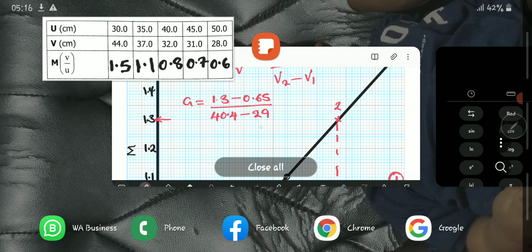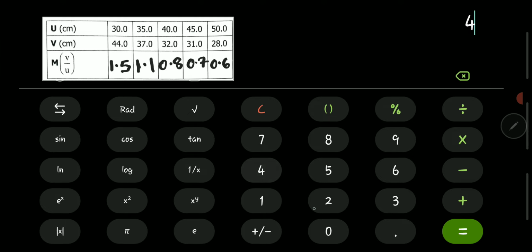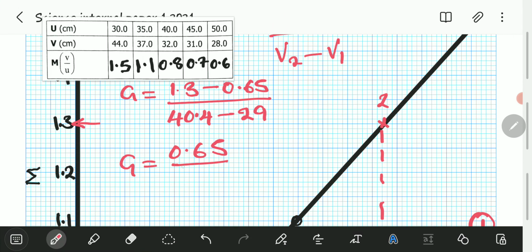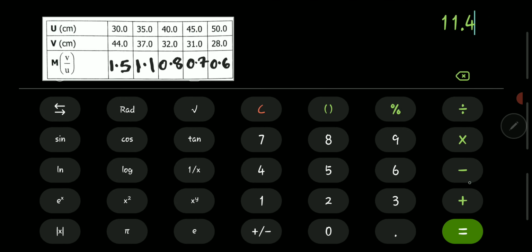So g is equal to 0.65 over 40.4 minus 29. 40.4 minus 29 is equal to 11.4. So we have 0.65 divided by 11.4.